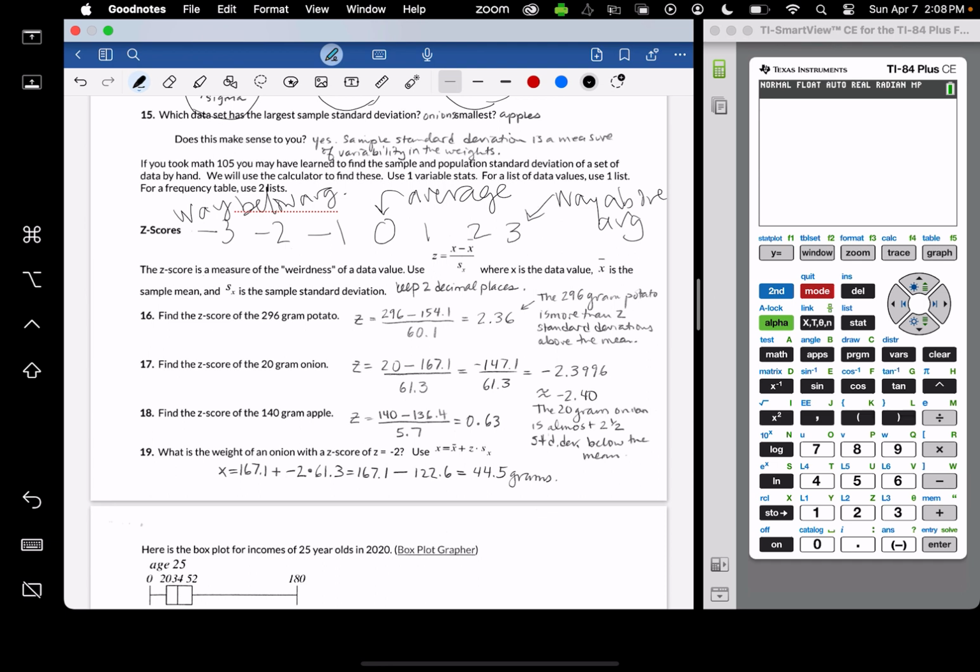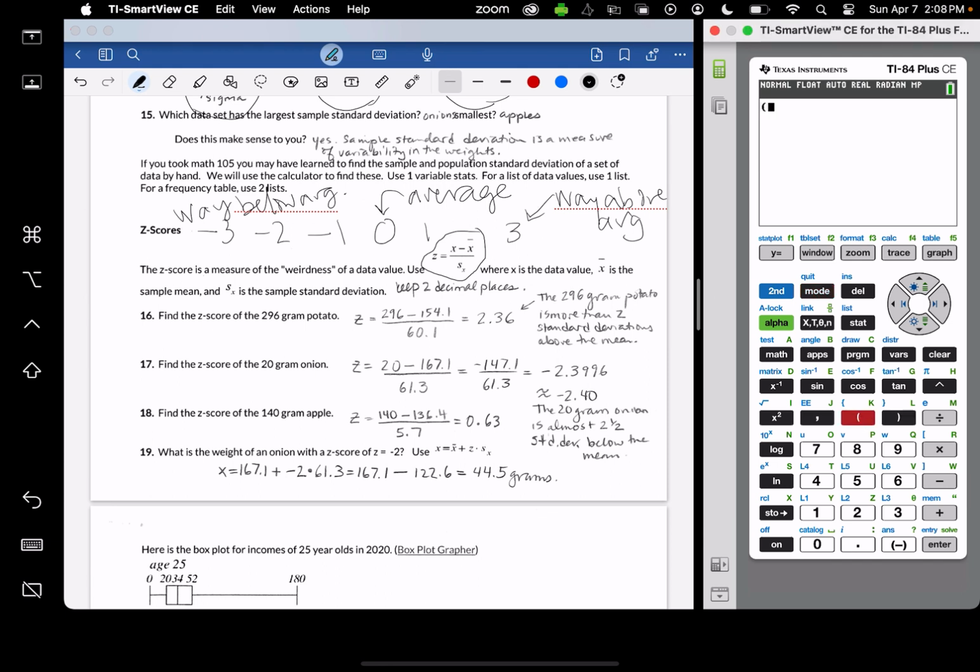You take the data value, you subtract x bar, the mean. I'm going to erase what I wrote right here because it's getting in the way of my formula. So here is the formula: data value minus the mean, and then divide by the sample standard deviation. So find the z-score of the 296 gram potato.